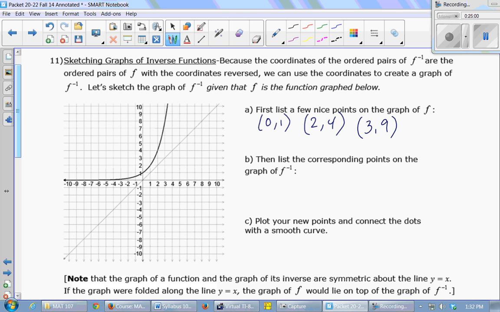Maybe -1/2. Yep, it's 3, 8. Thank you. 3, 8 is the grid point. 2, 4, 0, 1. Oh, 1, 2. That's a good one.